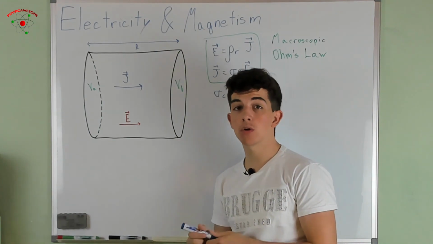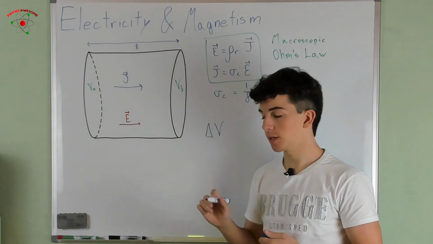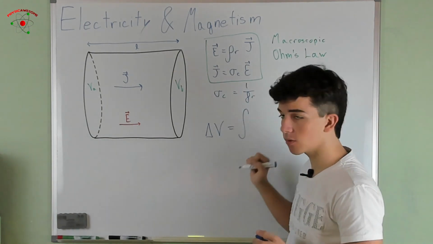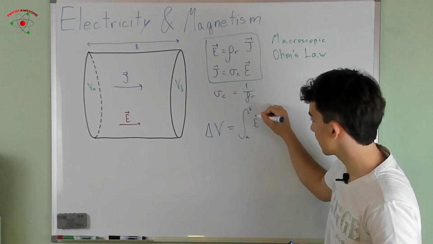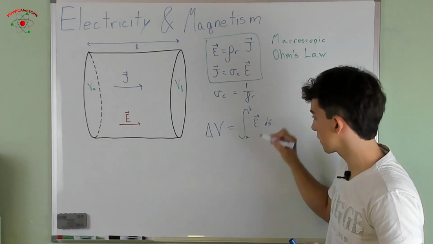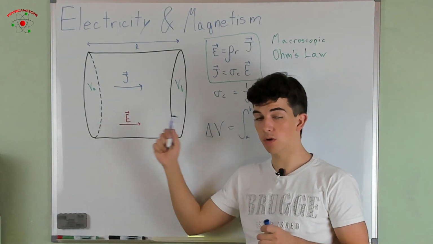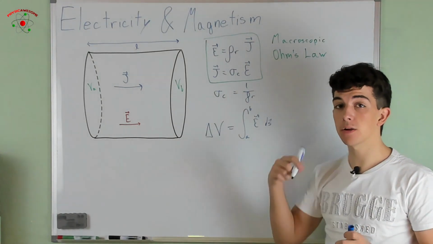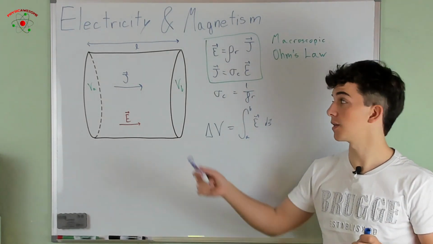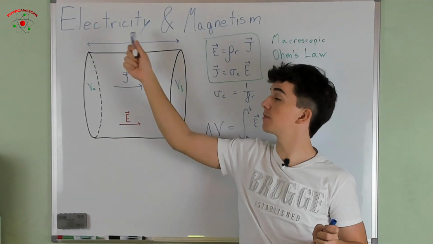We know that the voltage difference, delta V, is equal to the integral from A to B of E dot dl. However, in this case, E is constant all throughout our cross-section. Therefore, we can take it out of the integral, and all that is left is a path integral from here to here in this direction, which leaves us with E times L.